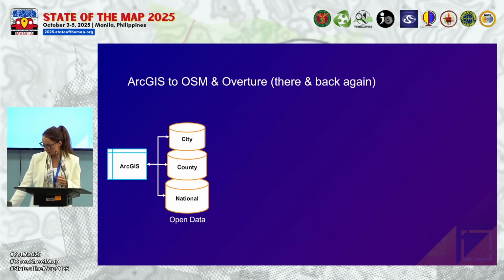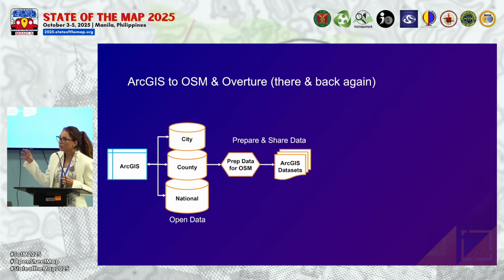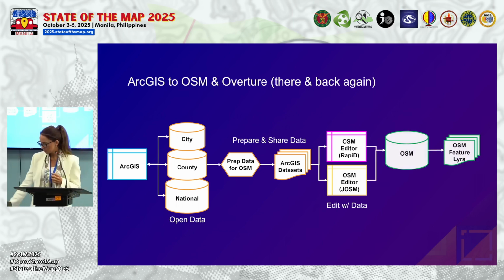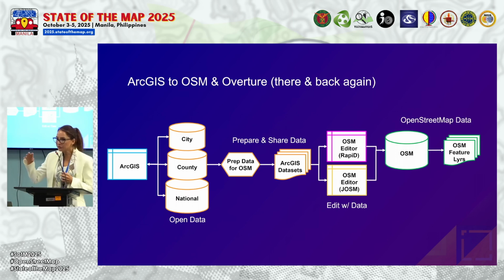After that, we prepare that data for OSM, like putting the tags and everything, and then we create ArcGIS datasets. We integrate those ArcGIS datasets in the OSM editors, like Rapid and JOSM, and after that, we include those datasets in the OSM database.